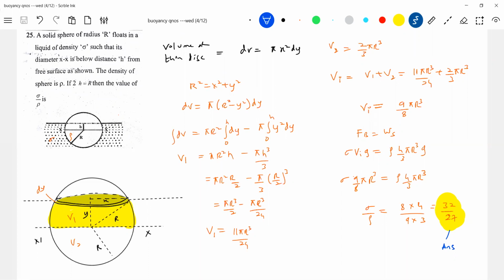Questions like this will come. So what are you going to do? Take an elemental volume, then take the integration. V1 is what? The shaded yellow color. V2 is what? The remaining hemisphere. The above V1 will be a spherical cap.